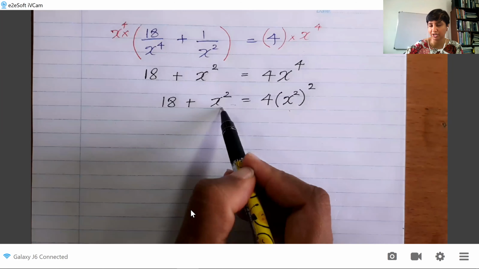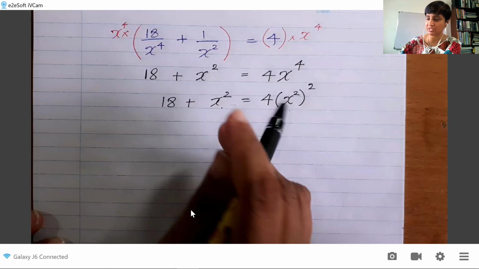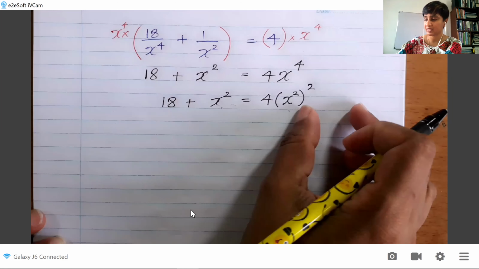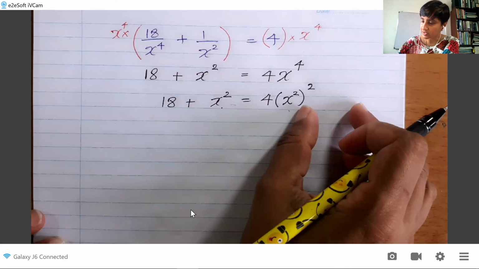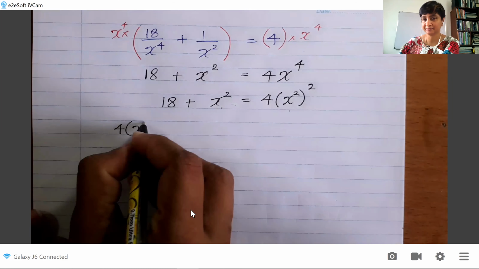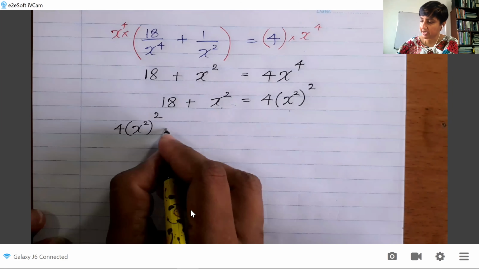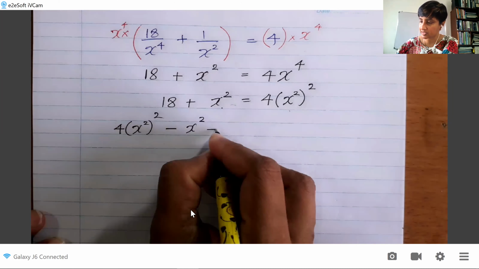So this can be turned into a quadratic. So let me first write them on the same side. I'm going to take these two terms to that side, but then I'm going to write all of them here. So this is 4 times x squared, squared, minus x squared minus 18 equals 0.